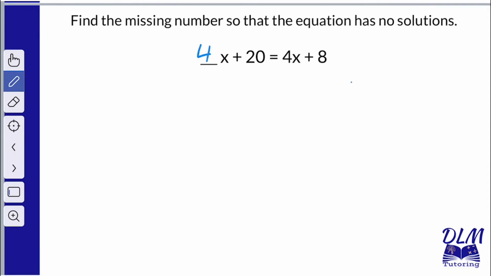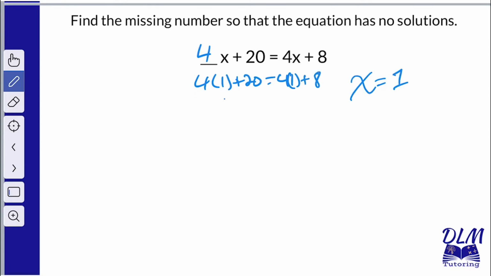So now, that means that if I were to put in a number such as x is equal to 1, well, 4 times 1 plus 20 is equal to 4 times 1 plus 8. We should already be able to tell that this is not going to be true.